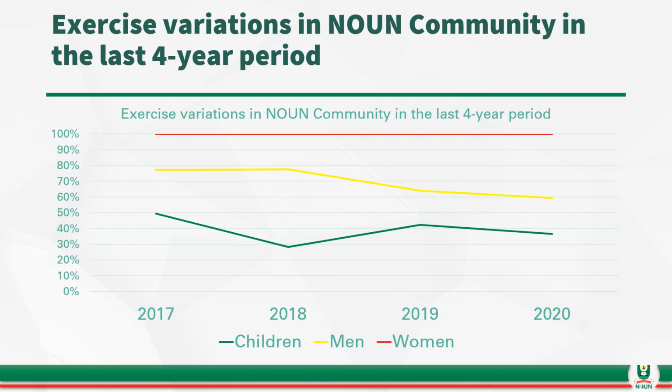So this one looks like an exercise variation in the community in the last 4 years, from 2017 to 2020. Exercise variation in the community among children, men, and women. You can see the women in red. There hasn't been any exercise variation from 2017 to 2020. It's been steady.